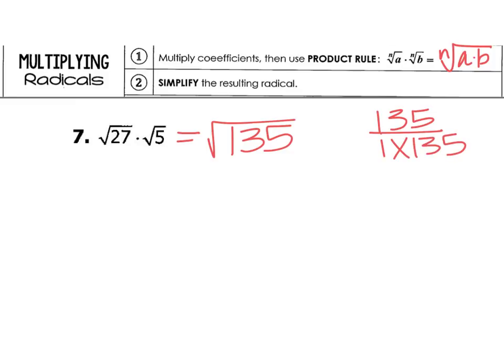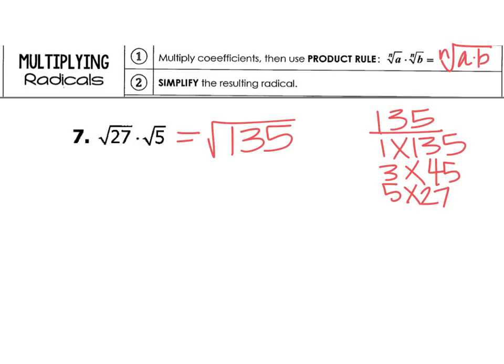2 doesn't go into it. 3 times, 135 divided by 3. 3 times 45, not perfect squares. 4, don't believe that goes into it. Nope. 135 divided by 5 gives us 27. 27 is a perfect cube, but not a perfect square. 6, don't think that goes into it.